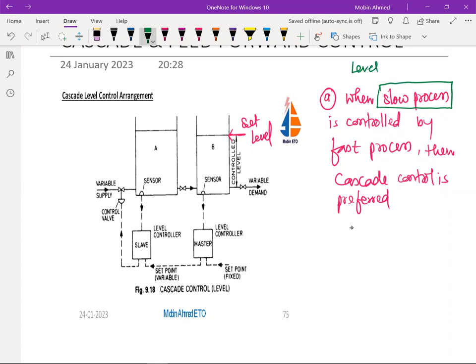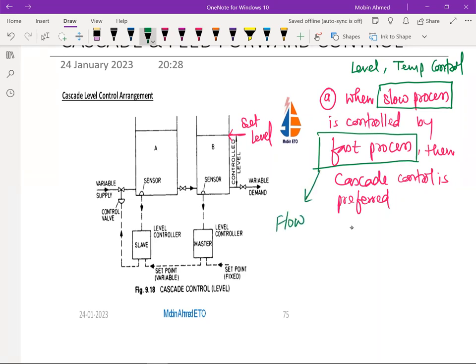So this level or temperature control is always a slow process. And here if you see, it is being controlled by a fast process, and the fast process is by this flow of water. So flow control.